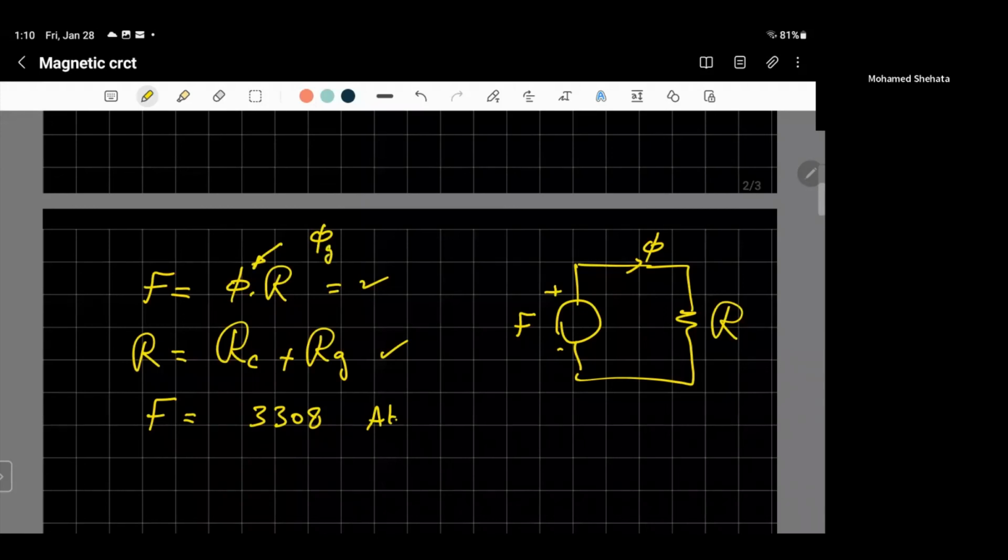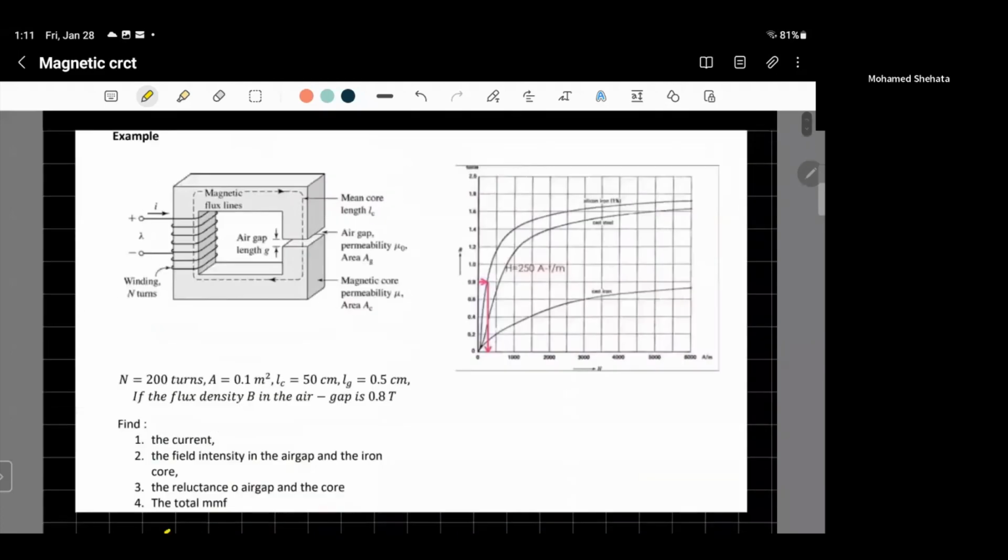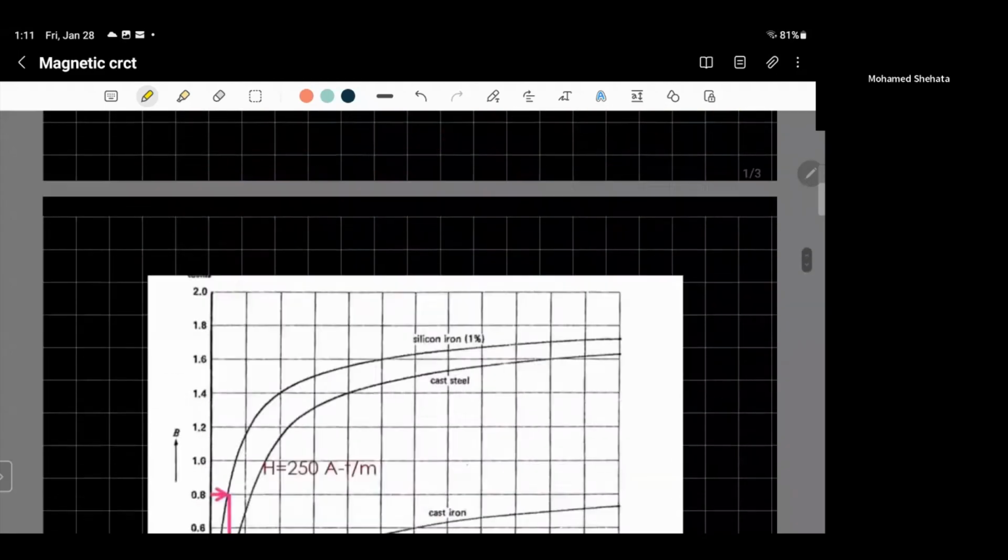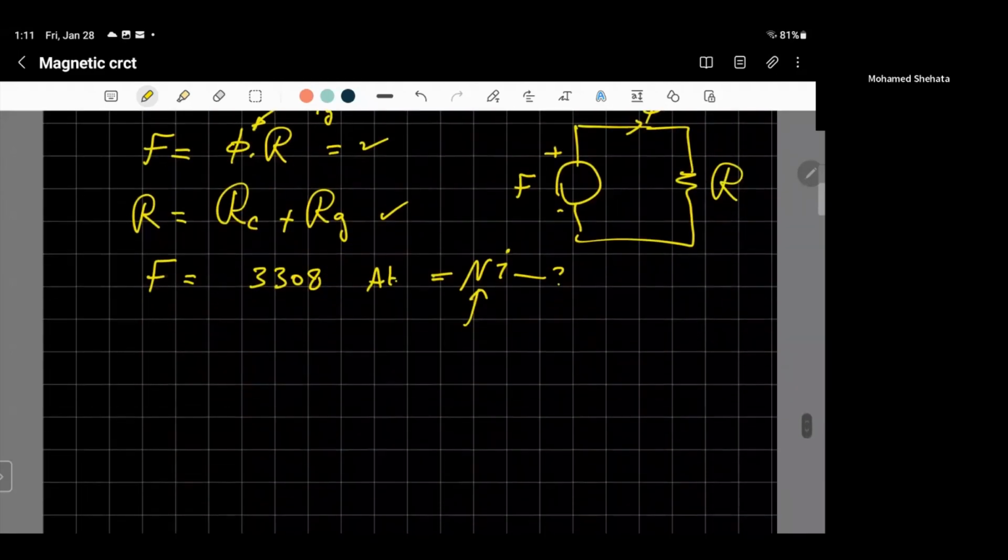And you get F. Once you get F, F is equal to N times I. You have I? I was, no, I'm sorry, I was not given I, but the number of turns was given. Let me check here. N is equal to 200.